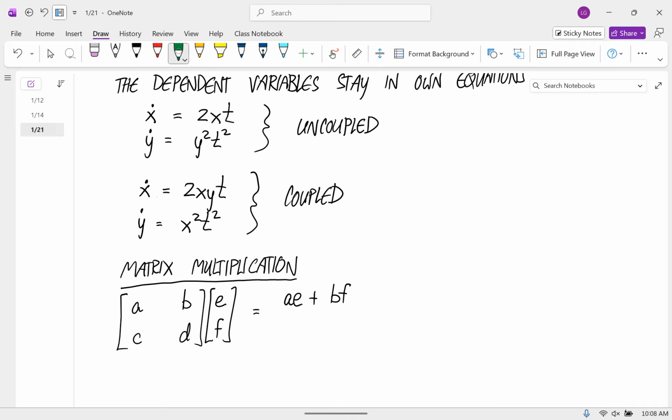And then the second component of your output vector is going to be a dot product between this row and this column. So you're always taking dot products of a row on the left with a column on the right. And so this one is CE plus DF.